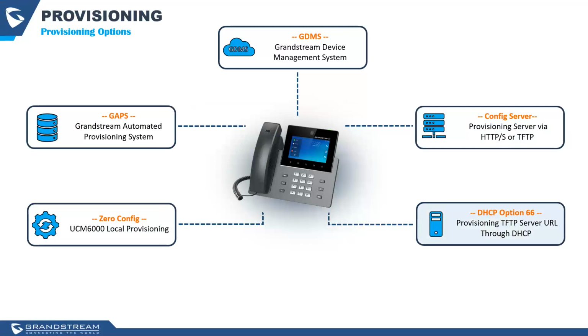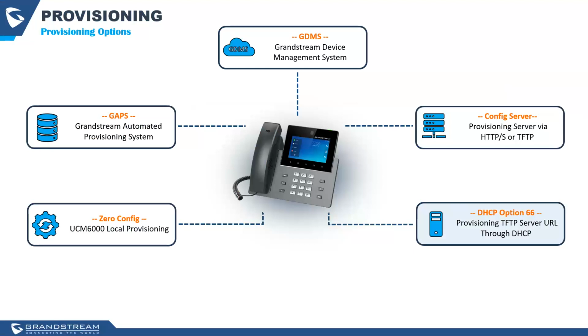Another method to provision Grandstream devices is through DHCP option 66, which is used to send the IP address of a TFTP server that contains the config file. When a Grandstream device boots up, it will get the provisioning server URL or the IP address during the exchange of DHCP messages.